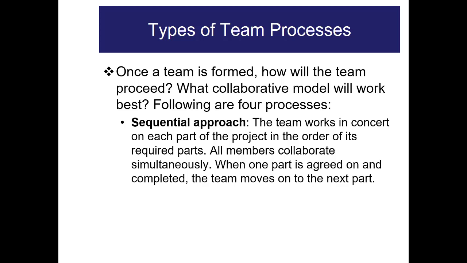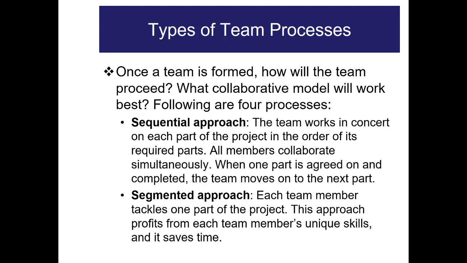When one part is agreed on, they complete it and the team moves on to the next one. This is sequential. Then we have a segmented approach. Each team member works on a particular thing in a project and then they bring it together. This approach profits from each team member's unique skills and saves time.